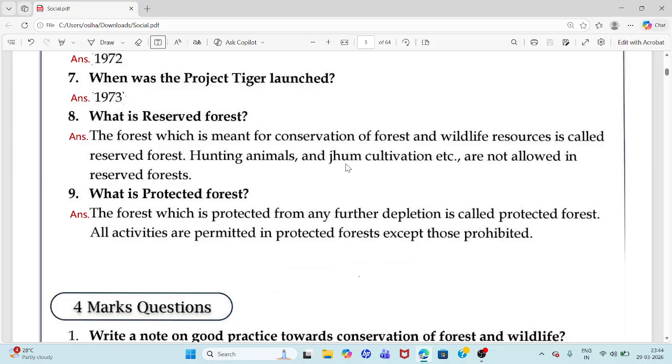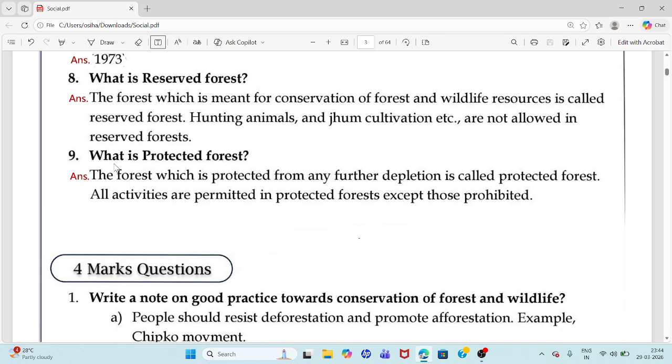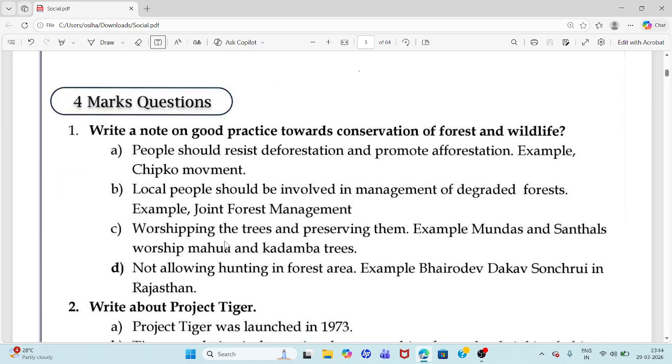Hunting animals and game cultivation, etc., are not allowed in reserve forests. Ninth question. What is protected forest? The forest which is protected from any further depletion is called protected forest. All activities are permitted in protected forest except those prohibited.